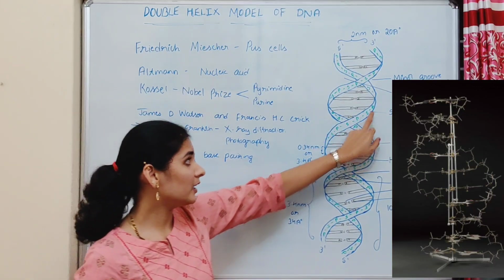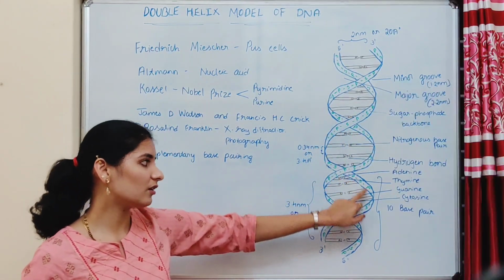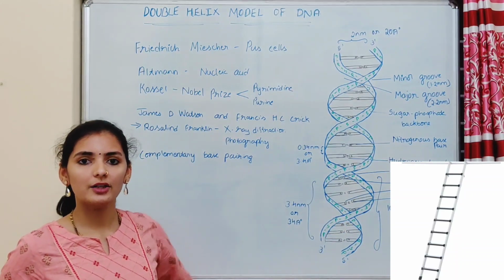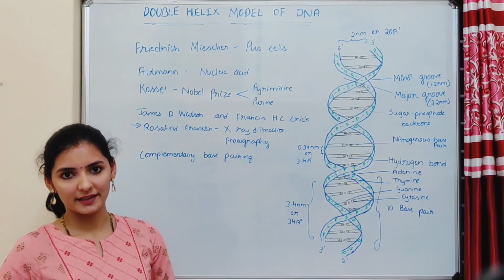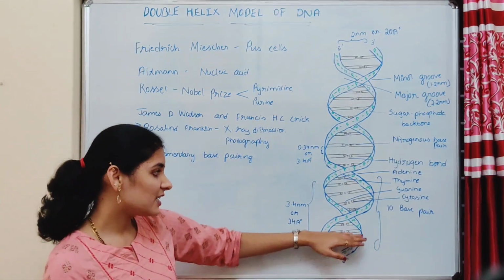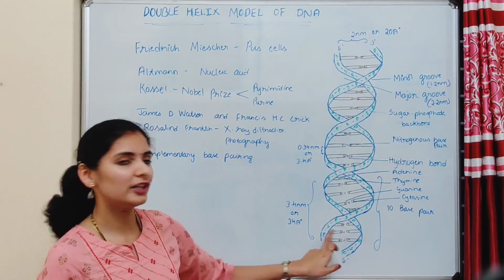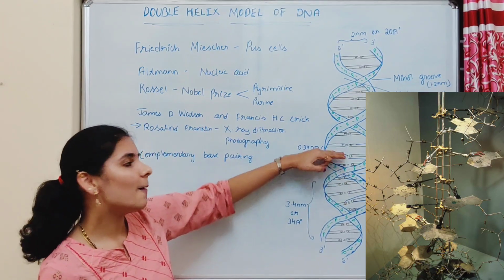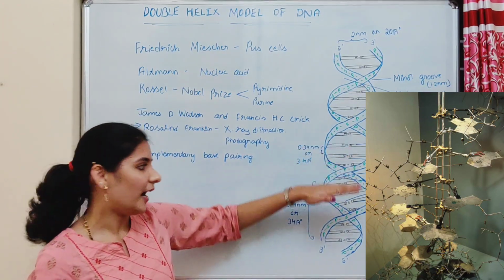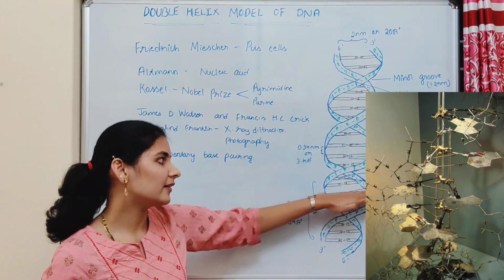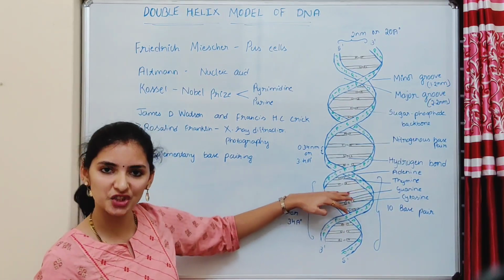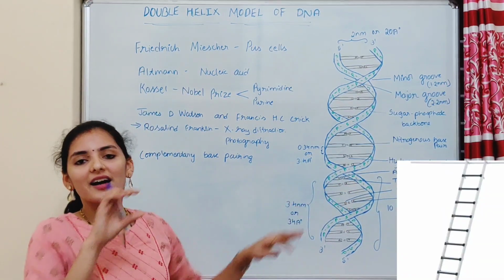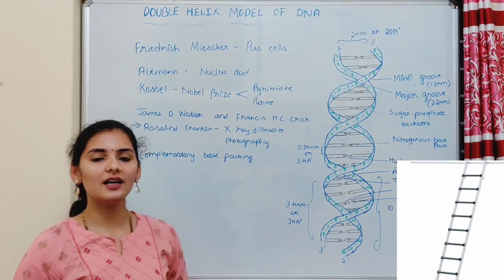This repeating unit of phosphate and sugar, the backbone, is compared to the uprights of the ladder. And the base pair is present in between the polynucleotide chains, at right angles to the polynucleotide chains. This base pair which is present at right angles to the polynucleotide chain is compared to the rungs or steps of the ladder.